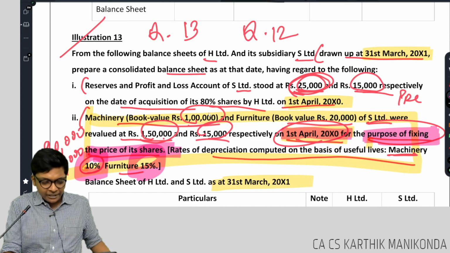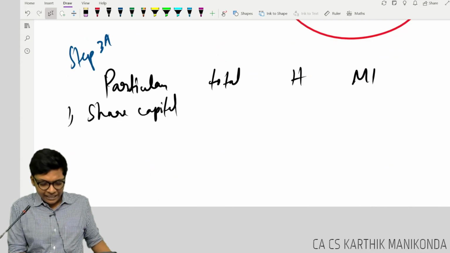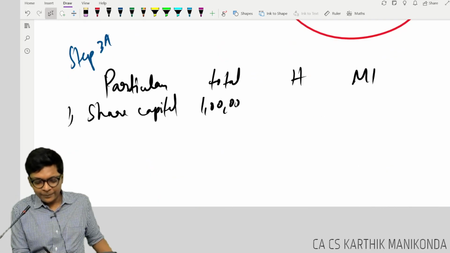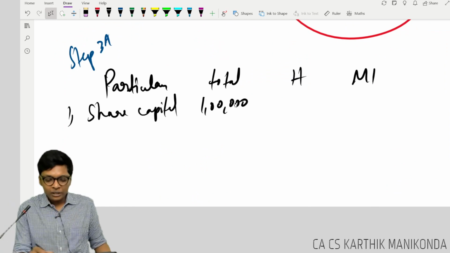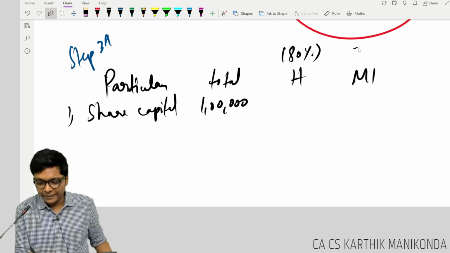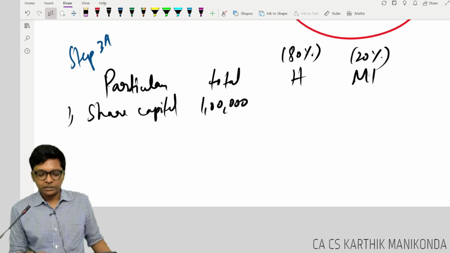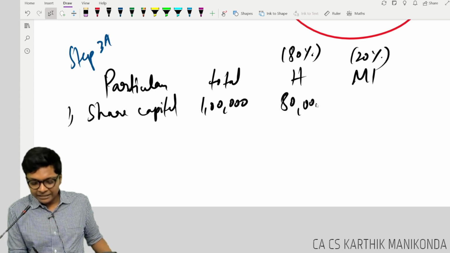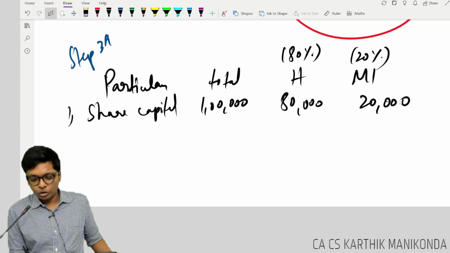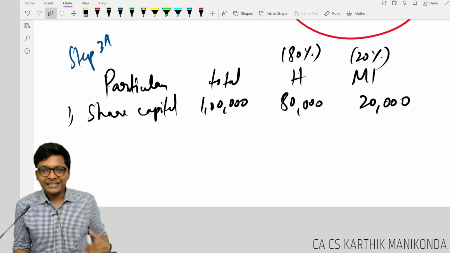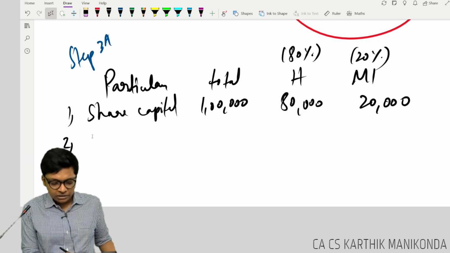How much guys share capital? 1 lakh. We are writing share capital of subsidiary guys. Holding is at 80%, minority at 20%. So holding is 80,000, minority is 20,000. Understand the importance of this step table guys.